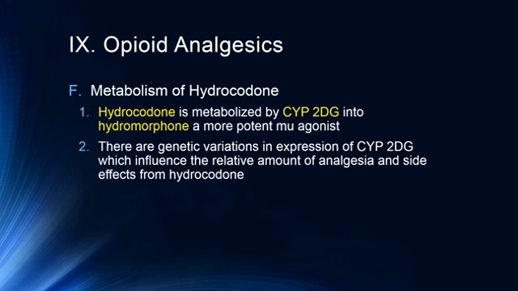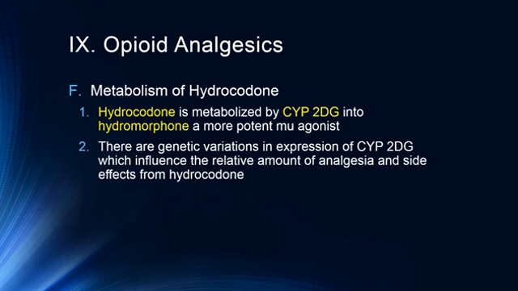So, for example, people who are highly efficient metabolizers will have a great deal of cytochrome P2D that will turn a lot of hydrocodone into hydromorphone. And so these are the people that oftentimes will get nauseous from the metabolizing of hydrocodone.